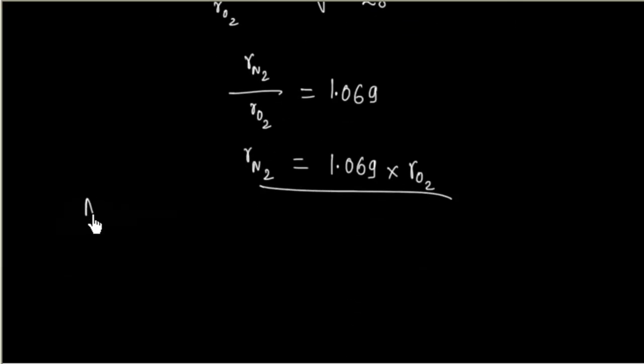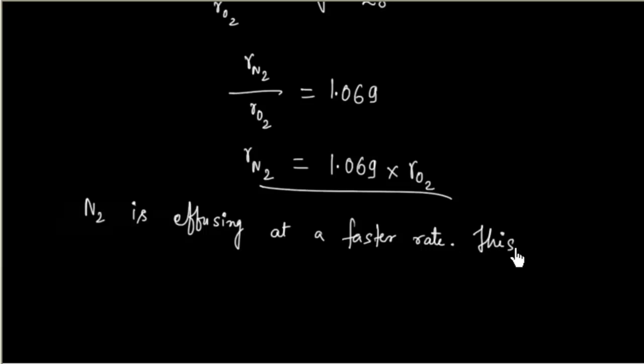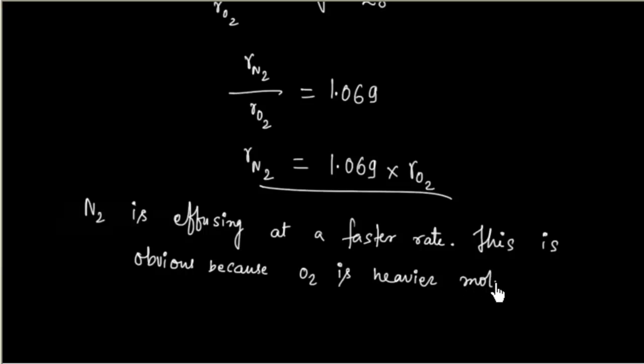So I can say nitrogen is effusing at a faster rate, and this is obvious because oxygen is a heavier molecule, so it will move slowly.